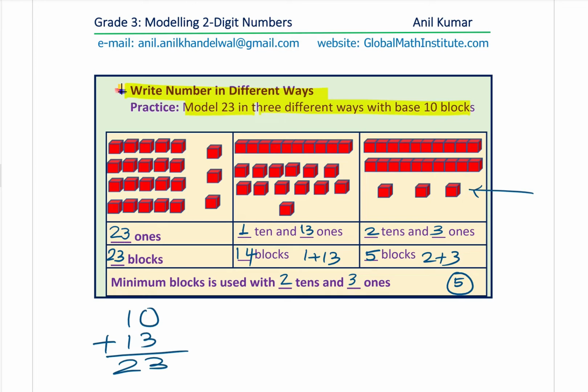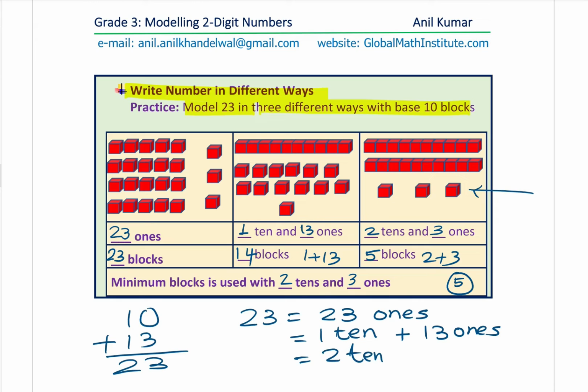So you see that we made 23 in so many different ways, right? 23 is equal to 23 ones. 23 is also equal to 1 ten plus 13 ones, or it is also equal to 2 tens plus 3 ones. Make sense? 13 ones is 10 and 3. So it becomes 2 tens and 3 ones.